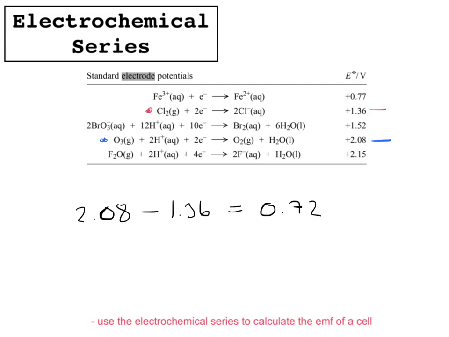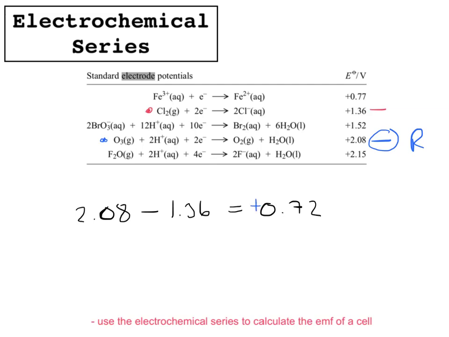If you have a cell representation, the right-hand electrode in that cell representation determines whether it's a positive EMF or a negative EMF. If the ozone electrode was the right-hand electrode, then because it's the more positive electrode of the two, plus 2.08 compared to plus 1.36, the EMF would also be positive.